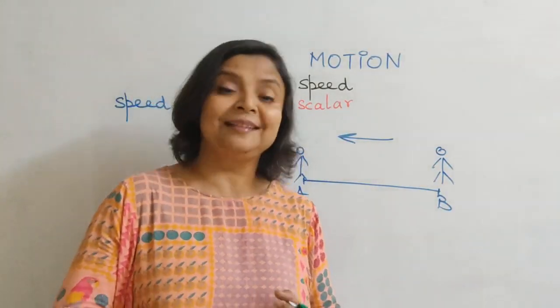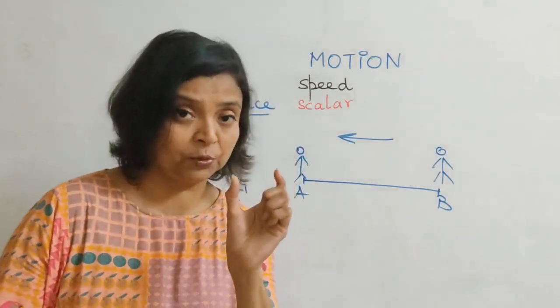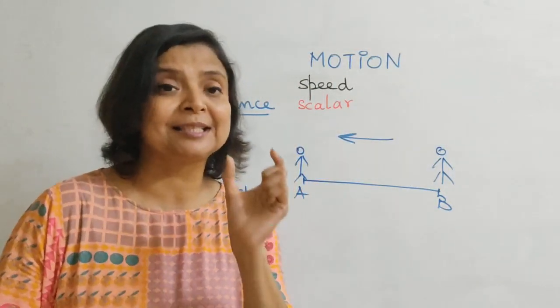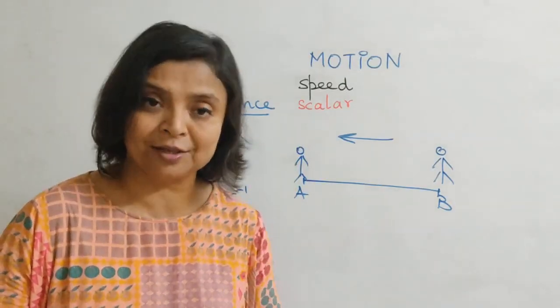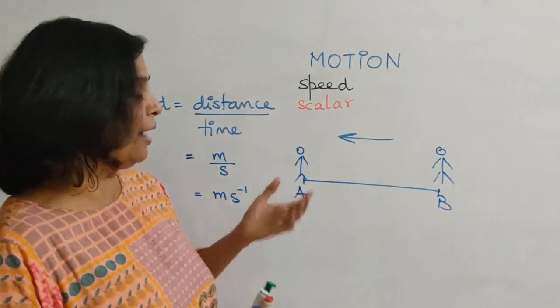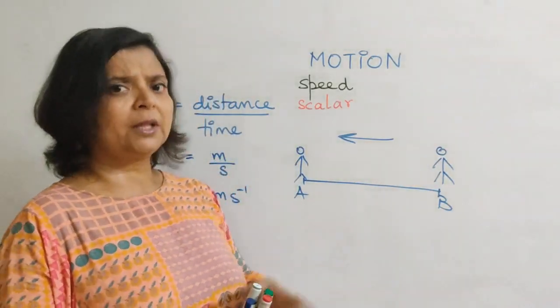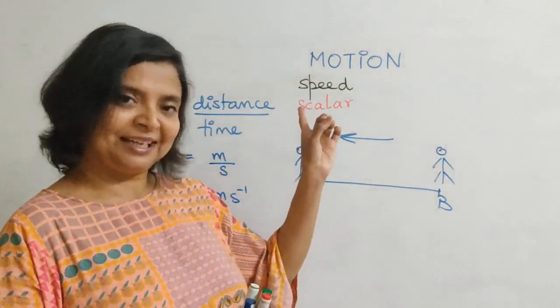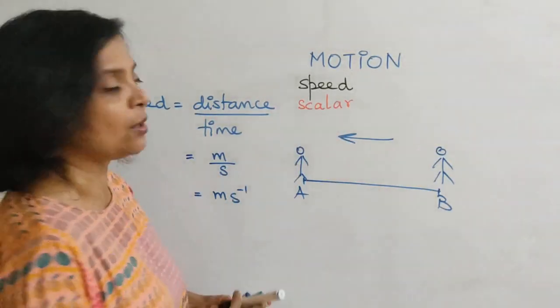In other words, there are cases where, along with the magnitude, 3 meters per second, we also need to know the direction. Hence, we have another physical quantity, which is a cousin of speed. It is called velocity.